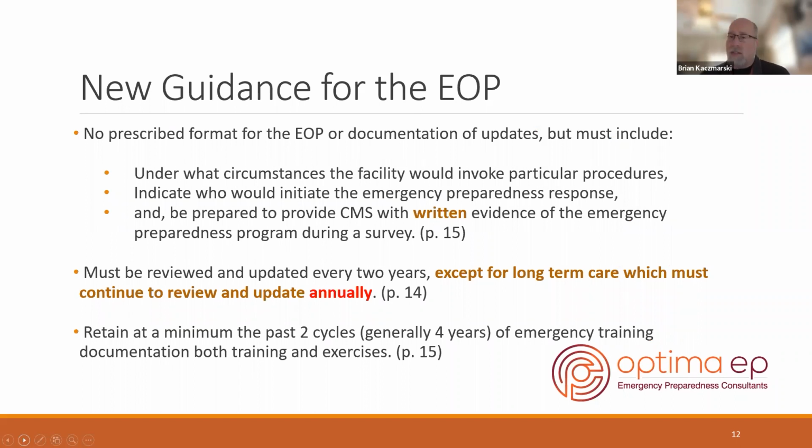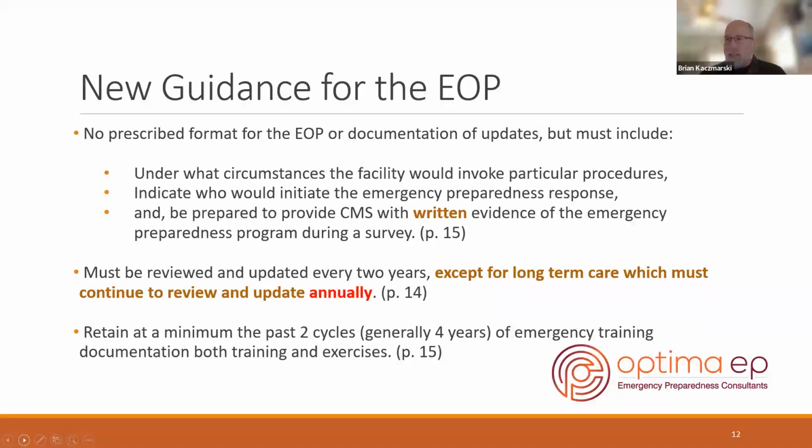So some new guidance, again, specific to Appendix Z for your particular emergency operations plan. Now, again, Amy and I are at a 50,000 foot view. Always remember provider type, and the state agency that is providing oversight to you. They may have slightly different interpretations for that. So there is no prescribed format. There is no prescribed structure for your emergency operations plan.